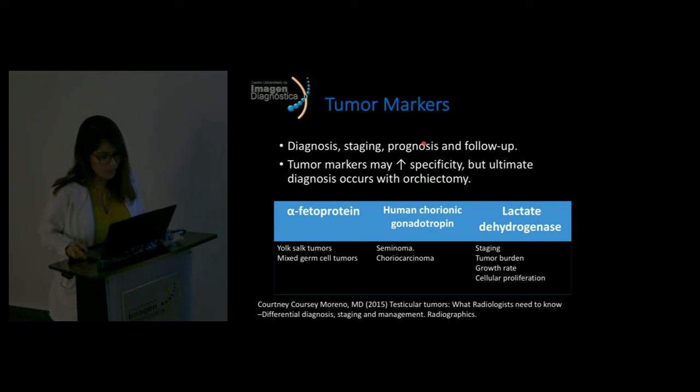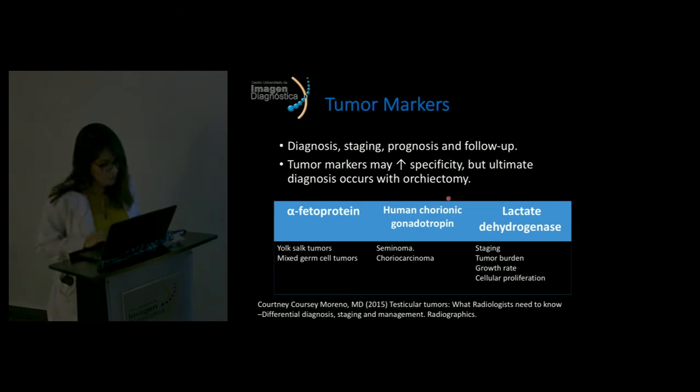Tumor markers are used for diagnosis, staging, prognosis, and follow-up of these tumors. They may be high in specificity, but ultimately diagnosis occurs with orchiectomy and obviously by histopathology. Alpha-fetoprotein is produced by the fetal liver and GI tract, and so it is normally present in the yolk sac tumors and the mixed germ cell tumors.